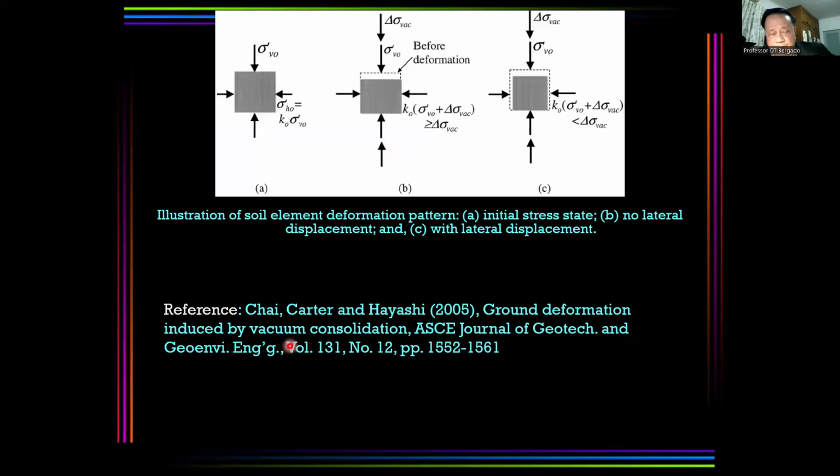I get some reference from Professor Chai, my former doctoral student from China, for the ground deformation induced by vacuum consolidation. And here is the normal vertical and horizontal loading. Then add a vacuum here. The lateral movement depends on the magnitude of the vacuum compared to the original horizontal load.